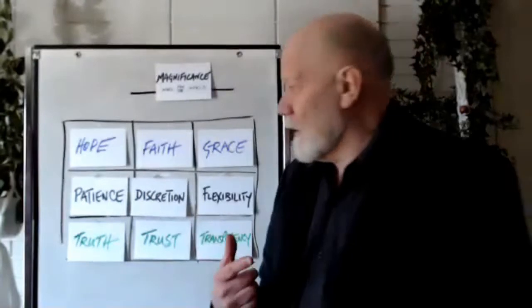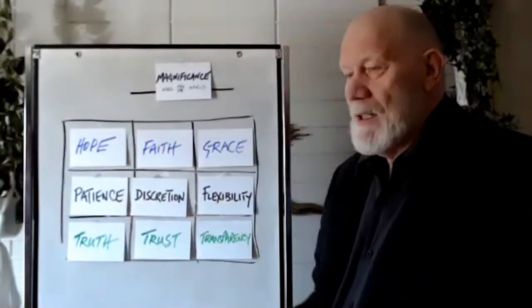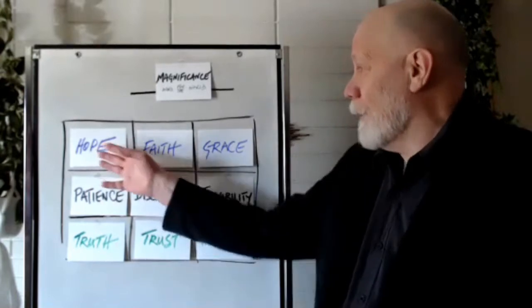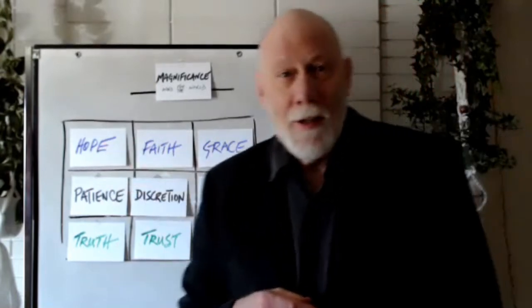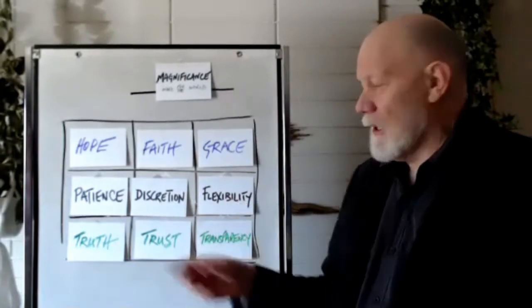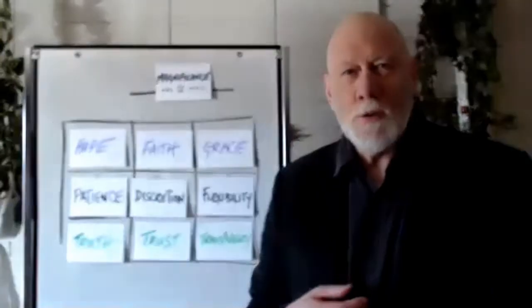But I've gotten to a point now where I go, okay, today is a really important day where I want to bring out my hope, faith, and grace. But another day I might say, I want to bring my hope, flexibility, and trust out. And I go, okay, so how am I going to do that?